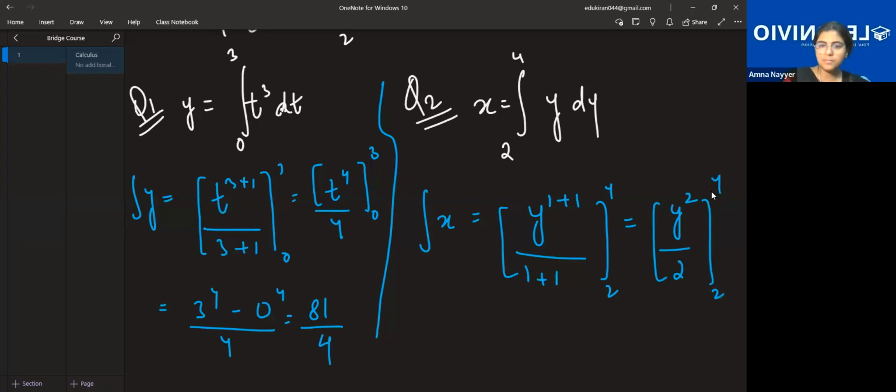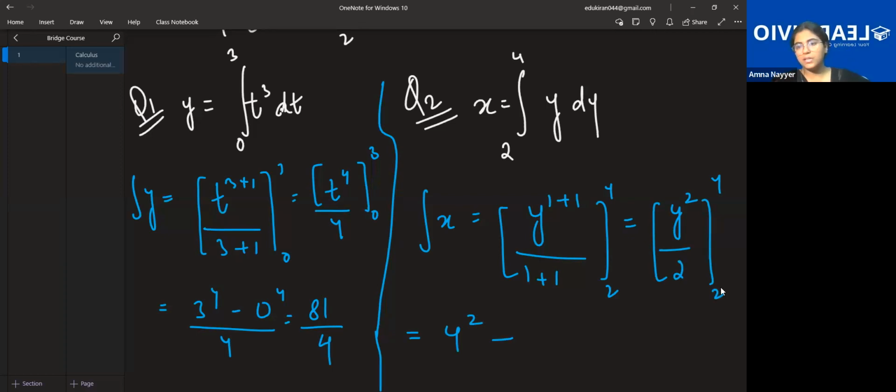Zaina, last step. Just tell the last step. 4 square minus 2 square. Yes, correct. Please substitute in the power by 2. Very good, Zaina. So 4, instead of y, we will write 4 first. And what's the power of y? 2. Minus.